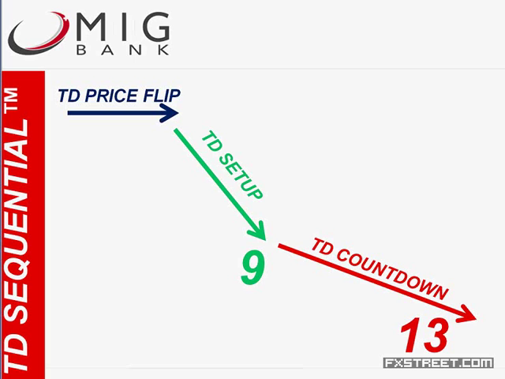Now, a lot of people ask why 9, why 13? Now, this is down to DeMark's research that he had done over the last 40 years. When he was developing the sequential model, he originally started using Fibonacci numbers because he believed in the mathematical and natural properties of Fibonacci numbers.